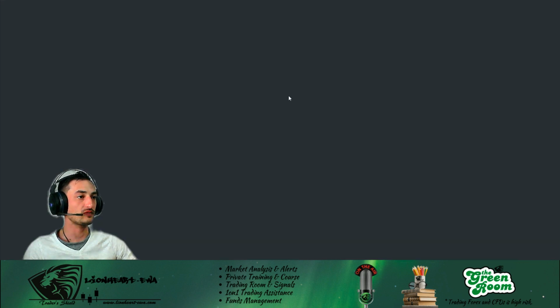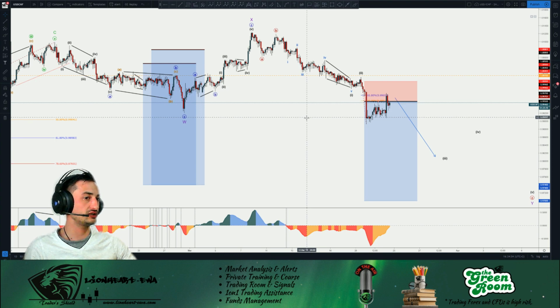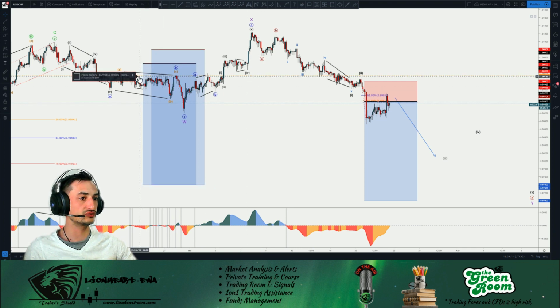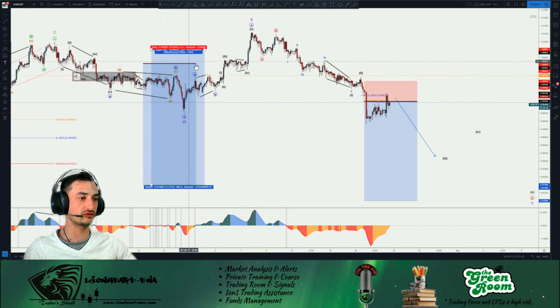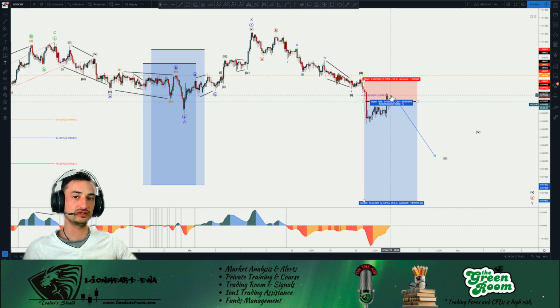All right, now let's move on. USD Swiss on this 2-hour time frame. I have been previously bearish on these two as well, just waiting for these levels, with the stop losses right now placed at break even, same thing as the USD yen.